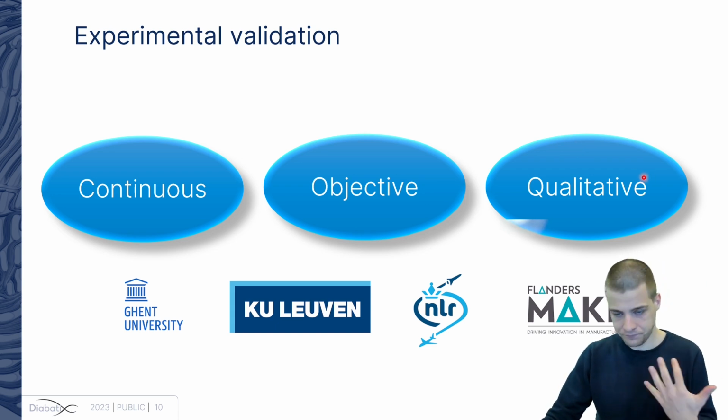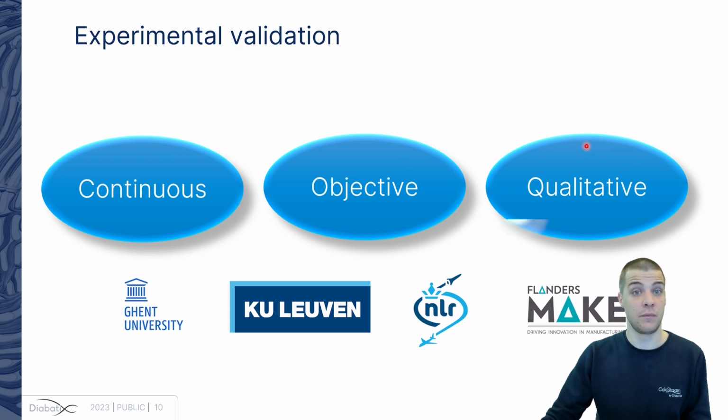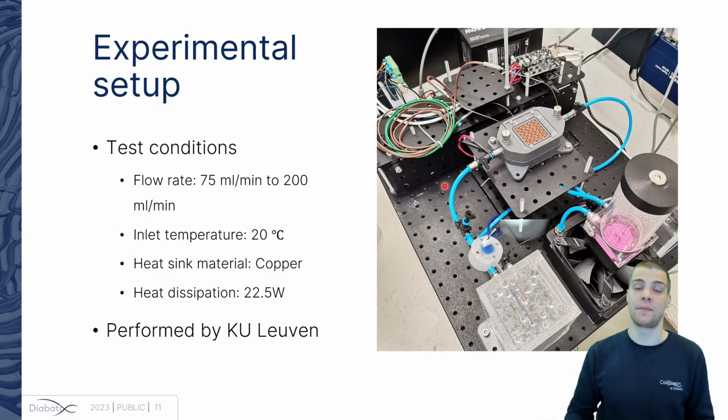standard. And because of those two objectives, we work together with third parties, either local universities here in Belgium, like the University of Ghent or the KU Leuven, or with research organizations like NLR in the Netherlands or Vlaanders Make. For this particular project, we work together with the KU Leuven, and luckily they are already testing some heat exchangers of their own.